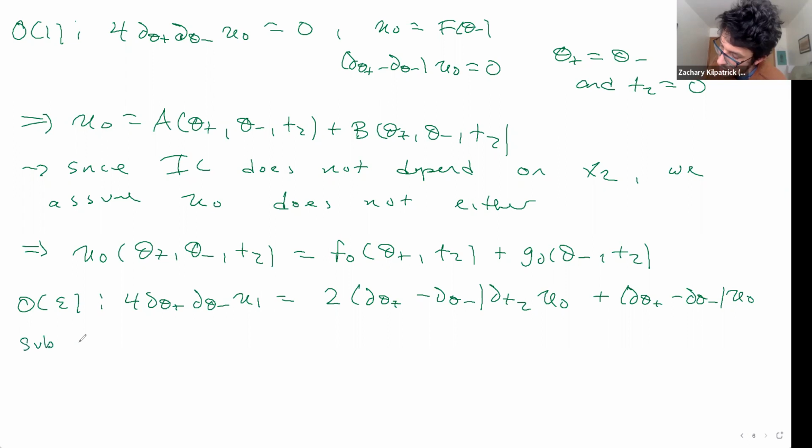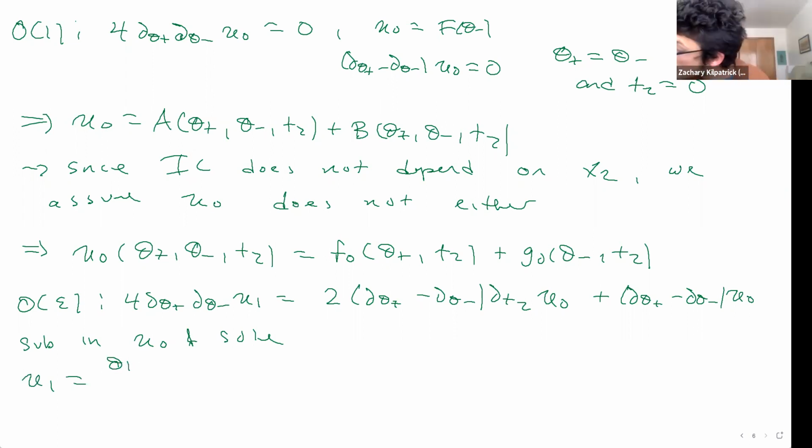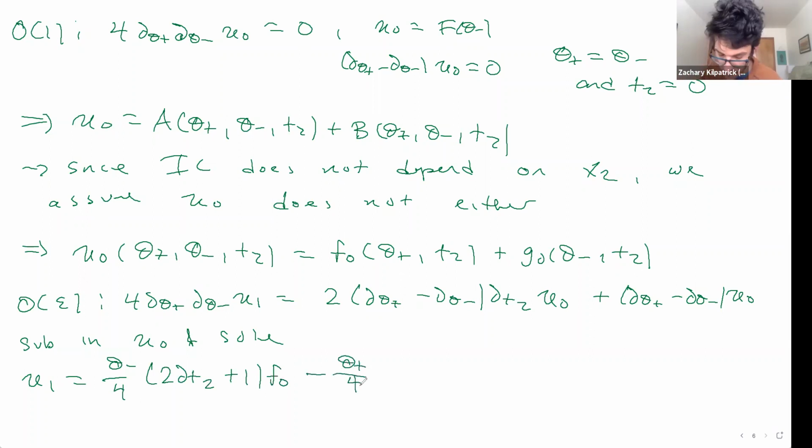If we substitute in u0 and solve, we get that u1 is equal to theta minus divided by 4 times 2 dT2 plus 1 F0, minus theta plus over 4 times 2 dT2 plus 1 G0.